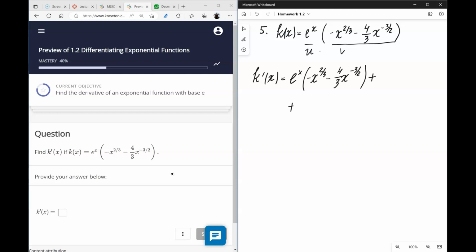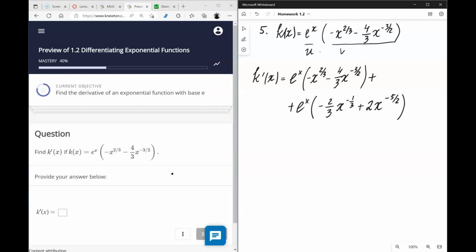plus, now we had u prime v, now we're going to have u v prime. And derivative of this is going to be negative 2/3 x to the power negative 1/3. And derivative of this will be plus 2 x to the power negative 5/2. That's just me differentiating that function.